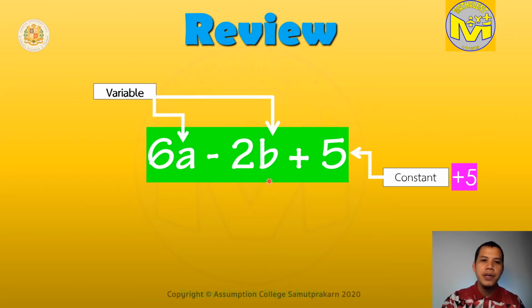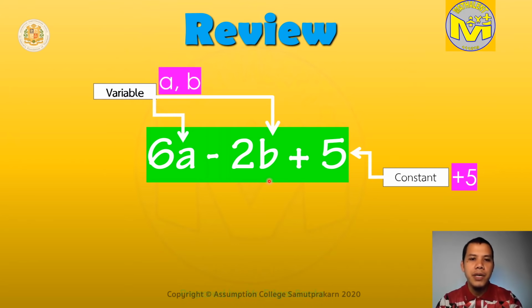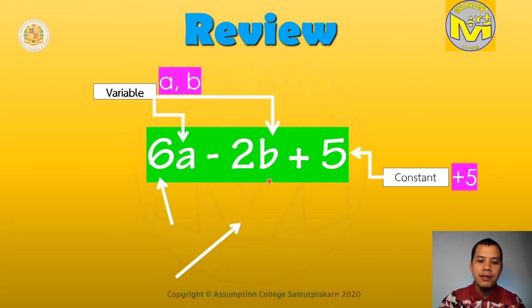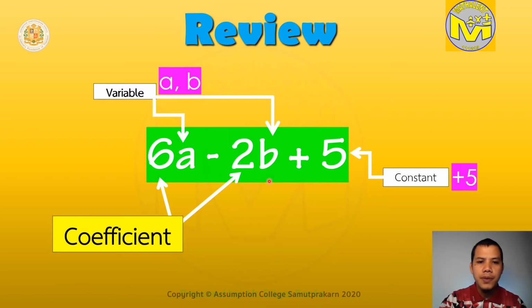Do you remember? They are called variables. A and B are variables. And we have 6 and 2 pointed by the arrow. Those are coefficients. So those are the lessons that we have learned in the past.